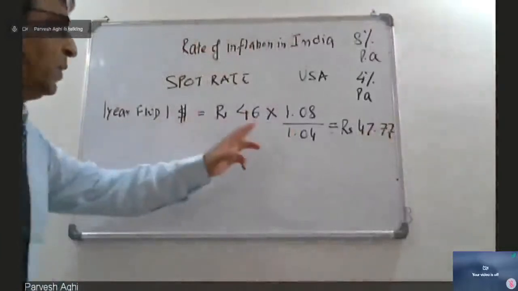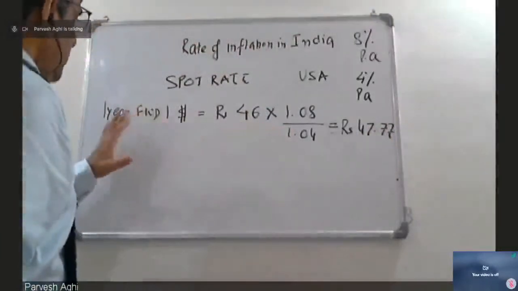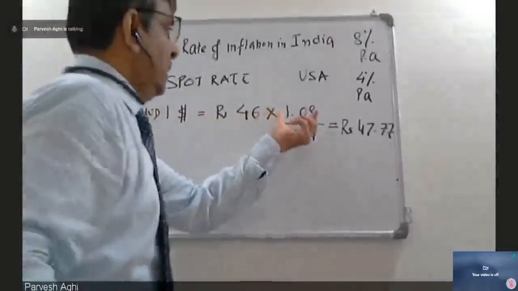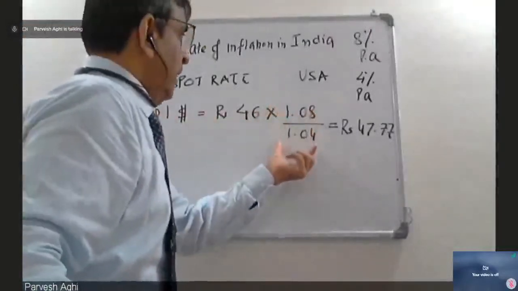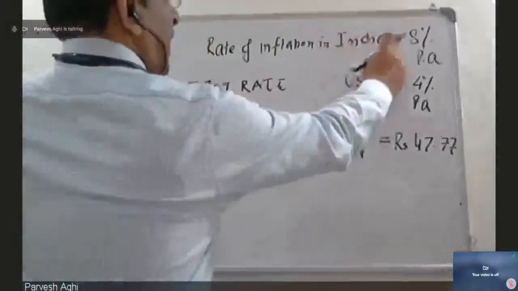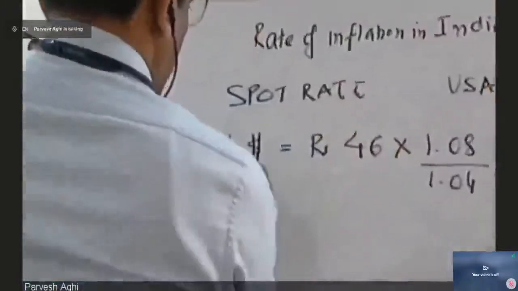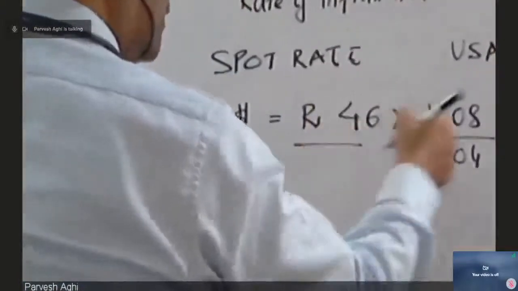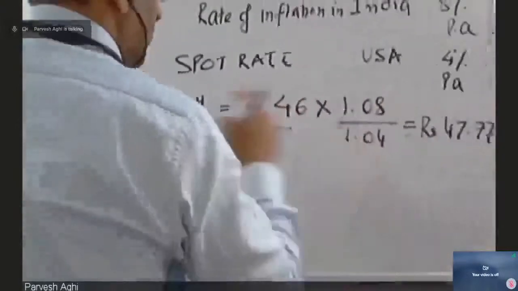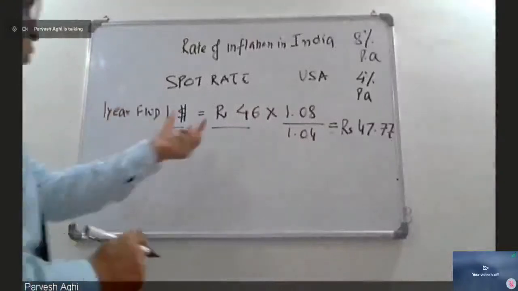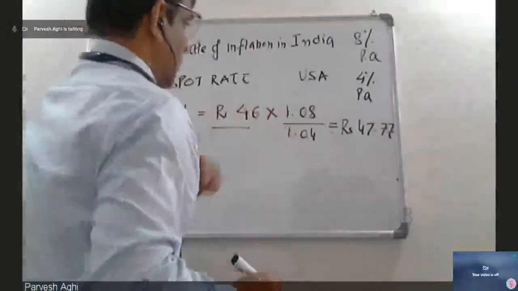We have used the same formula. The forward rate F is equal to the spot rate multiplied by the rate of the home currency divided by the rate of the foreign currency. So India, the rate is 8%, and we have the quote in order. This is the home currency, so this will come on the top, and the foreign currency will come below.